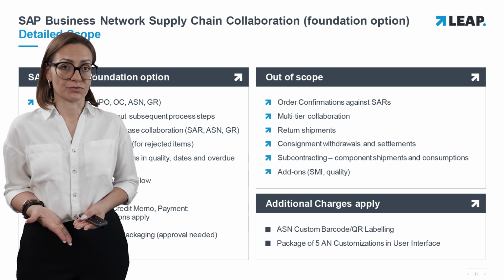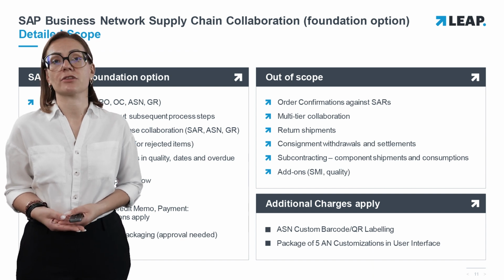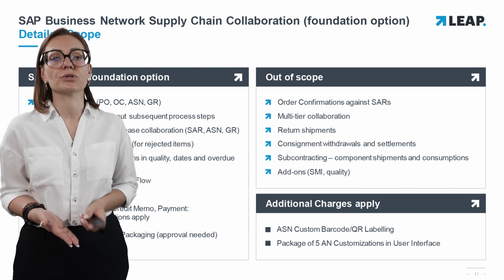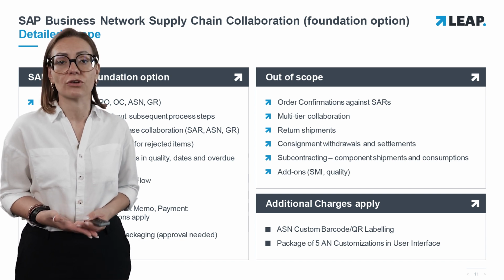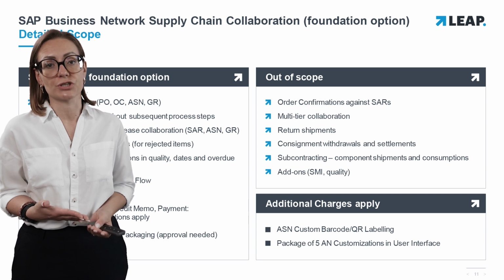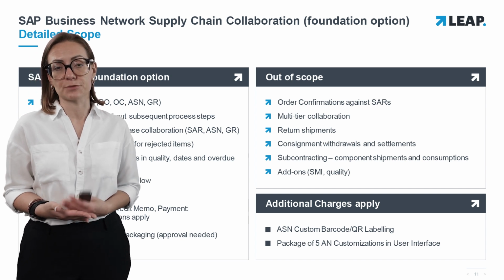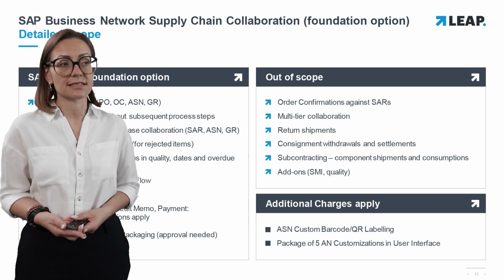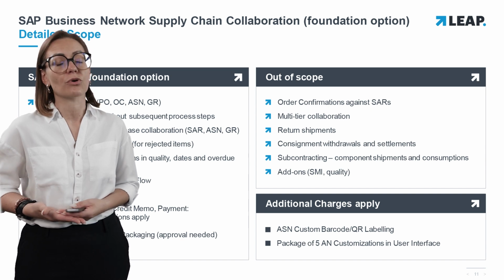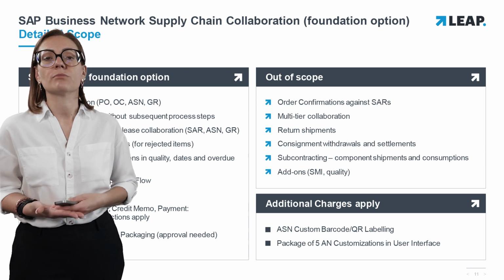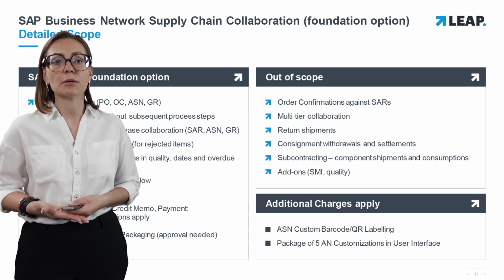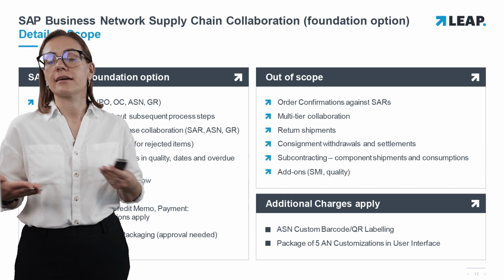Out of scope for the Supply Chain Collaboration Foundation option are order confirmations against SARs or multi-tier collaborations, as well as return shipments. So there are a few differences between both of those options, and in case the organization or the customer would like to change from one option to another, there might be some additional charges that will apply in the long run for the process.